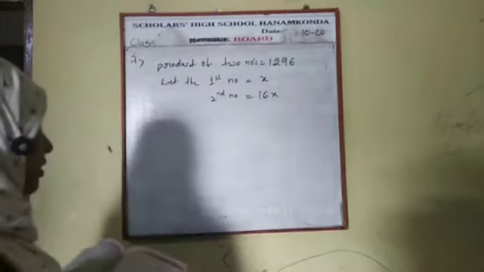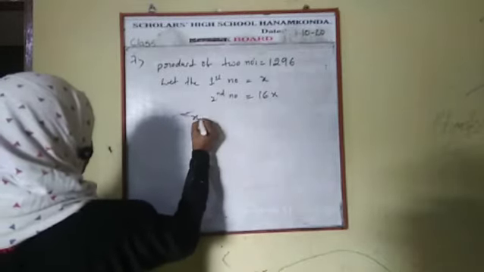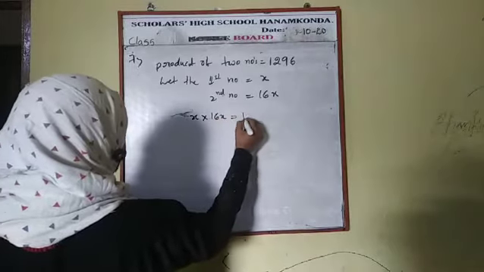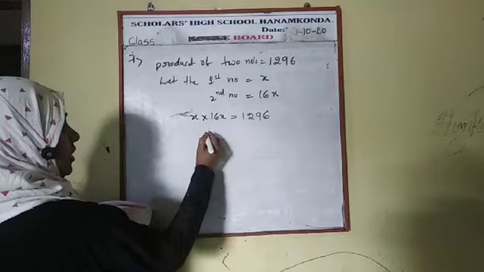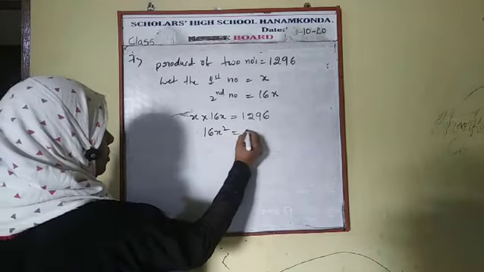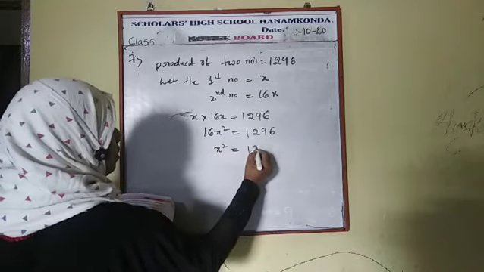So x into 16x is equal to how much? 1296. That is x into 16x, 16x square is equal to 1296. Then x square is equal to how much beta?